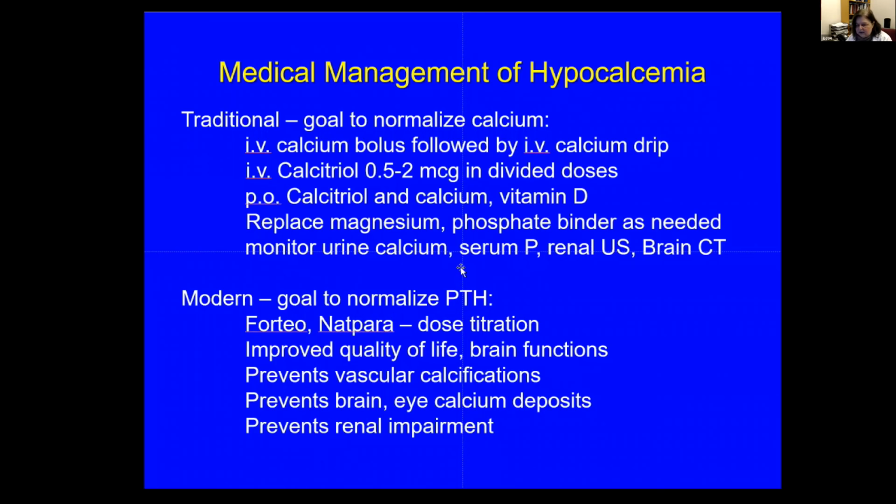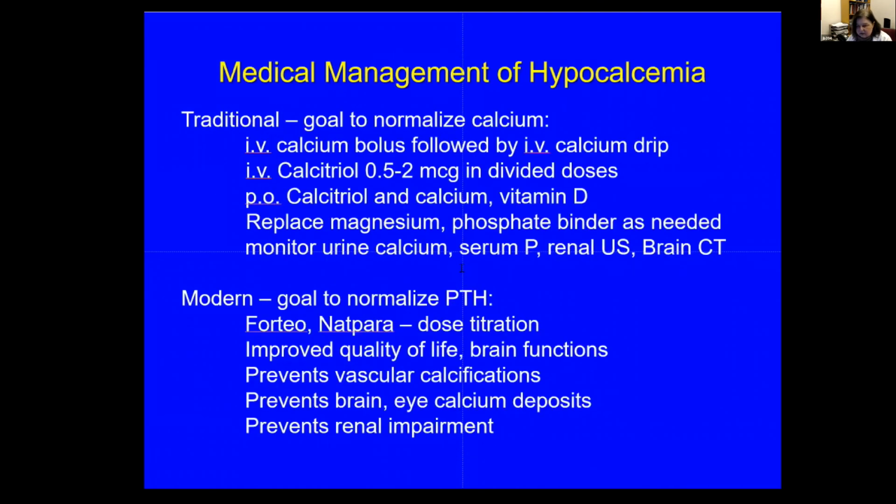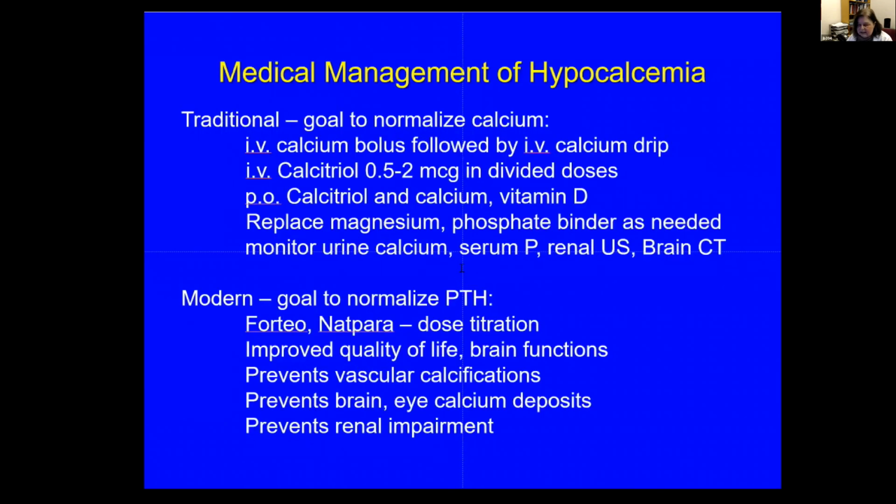And nowadays we give PTH derivative, Forteo or Natpara, and patients are doing wonderfully, and the vascular calcifications and brain damage and eye calcium deposits and renal impairment all prevented. So you need to do that. This is the treatment, the PTH. If they ask you on the board, don't choose the calcium calcitriol, choose the PTH, the Forteo or Natpara.